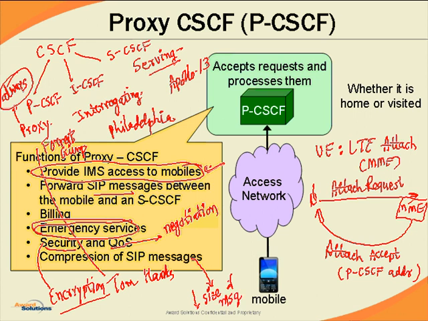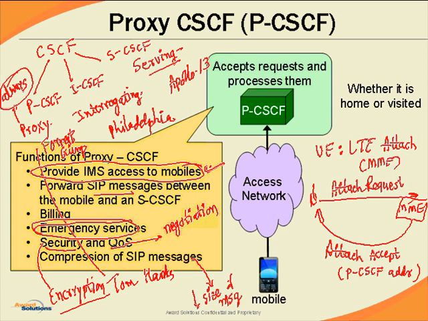See, our SIP signaling messages are text messages, right? We have ASCII characters. So our messages can be hundreds and hundreds of bits long, if not thousands. So if you want to make efficient use of air interface, then you can compress those SIP signaling messages.